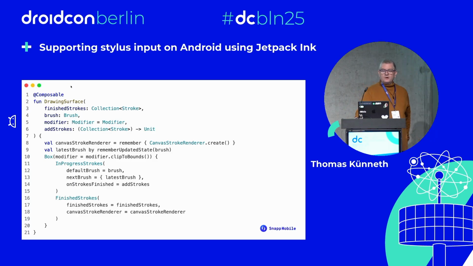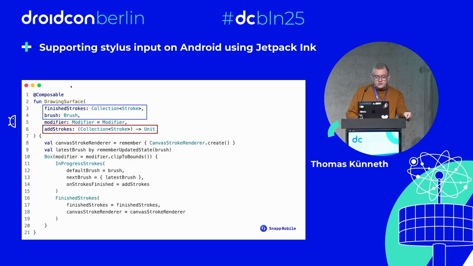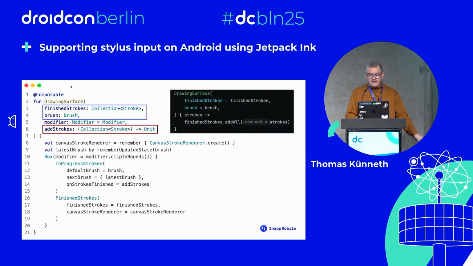Now let's take a look at the central composable My Drawing service. Again, to remember, here we have the two states I mentioned, finished strokes, which is a collection or more particularly a list of strokes. Then we have the brush, and as you can see, it doesn't do much. That callback that is passed in does nothing but populate the list once the drawing is completed.